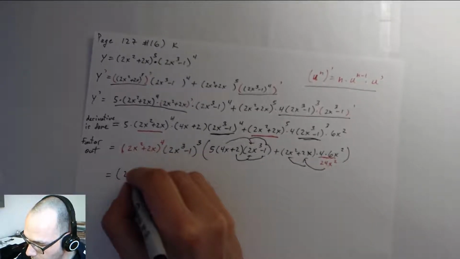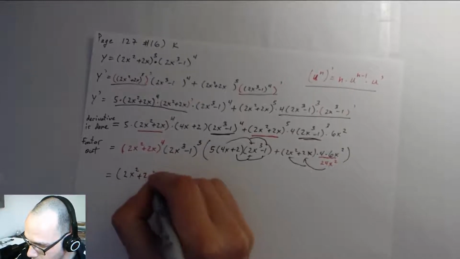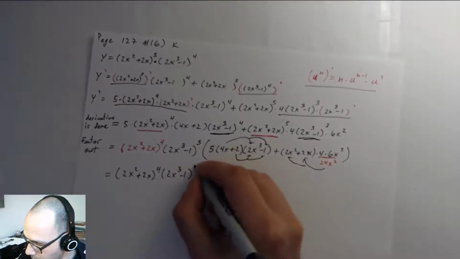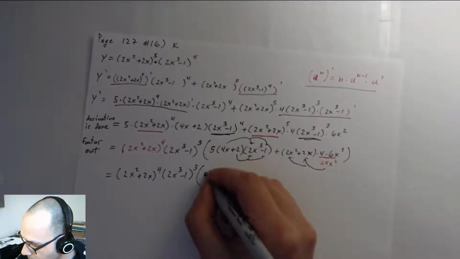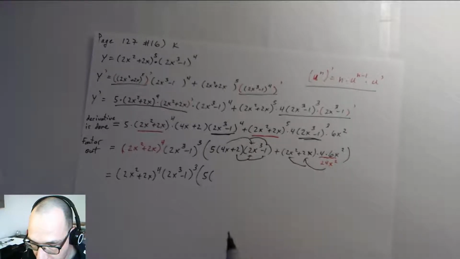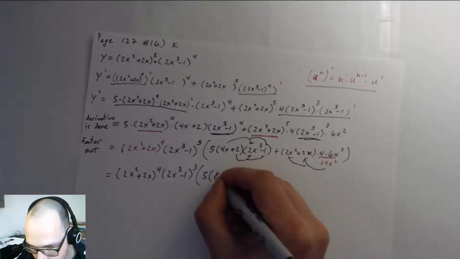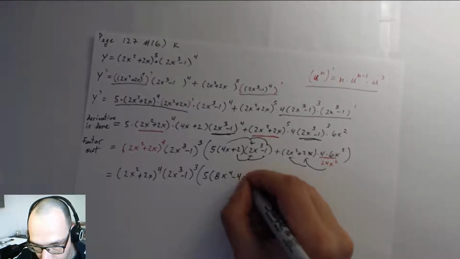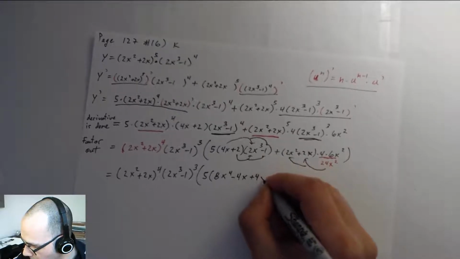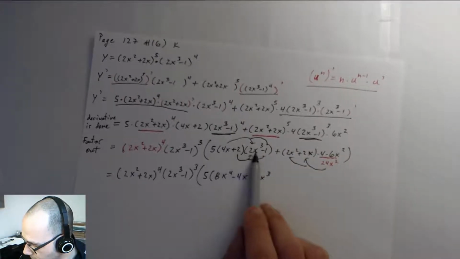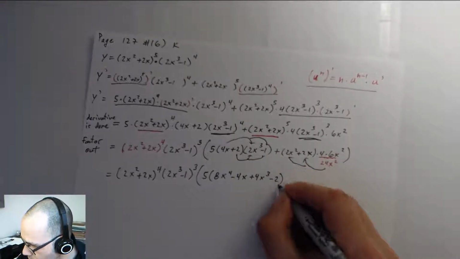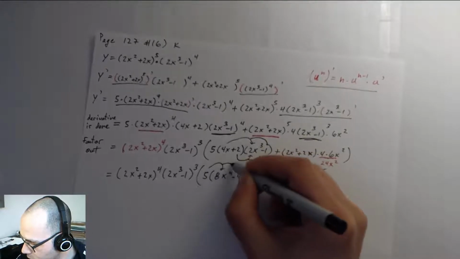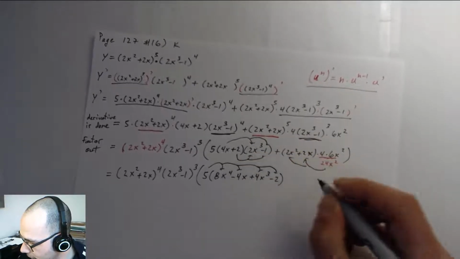It's going to be (2x squared plus 2x) to the power of 4 multiplied by (2x cubed minus 1) to the power of 3, big bracket. 5 multiplied by, well, it's going to be 8x to the power of 4, this one with this one, minus 4x plus 4x cubed, this one multiplied by this one, minus 2. All of that between brackets because afterwards I will have to expand my 5.